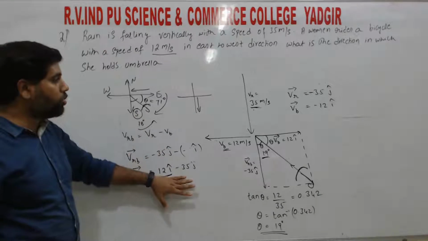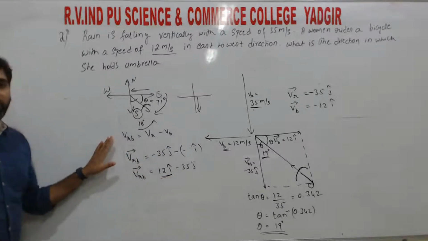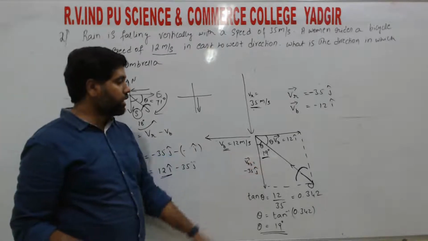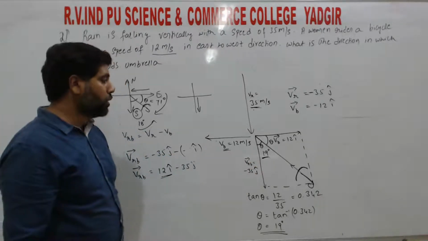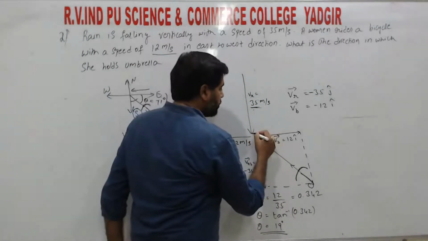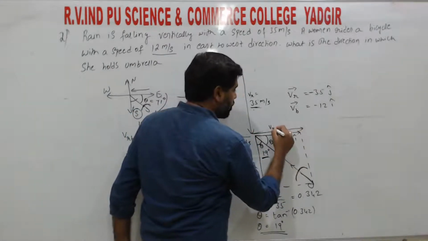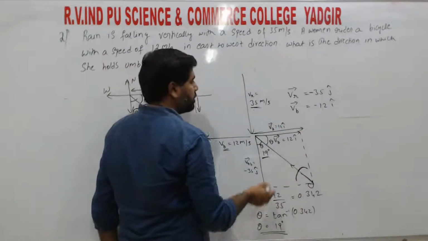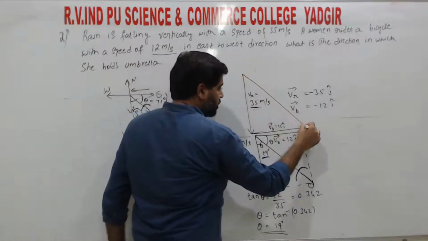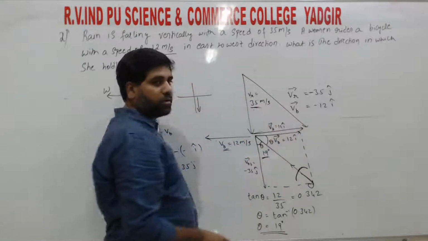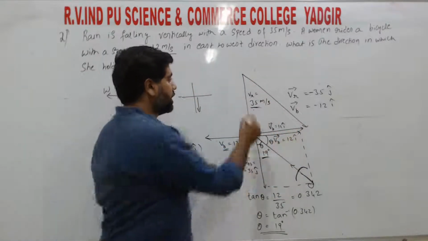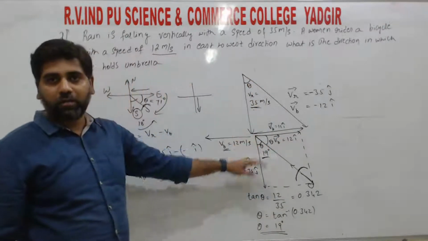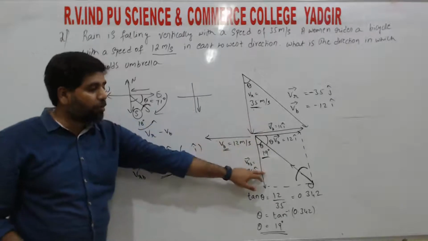So this is the problem which we solved based on vectors. We first find the relative velocity, later we can simplify, right? Otherwise you can draw like this. This gives vector v_b, 12 i cap, right? The resultant will be in this direction. If we complete the triangle, this line gives the resultant, and this is the angle theta, right? Any one method, either triangle law of addition or parallelogram law of addition.